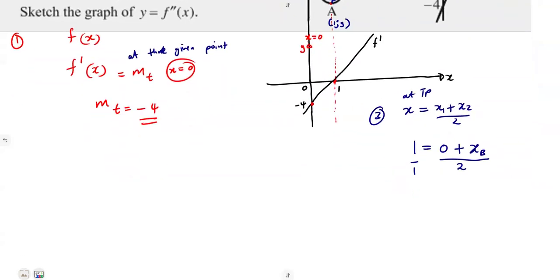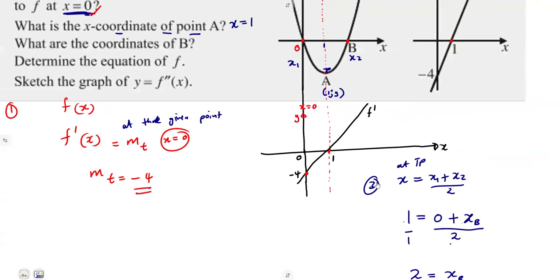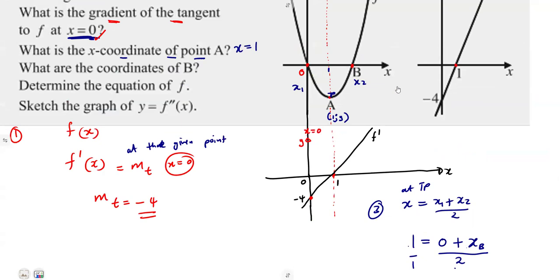In order for us to solve this, 2 times 1 is 2. So x at B, 0 plus x at B, means the value of x at B is 2. Remember, we are referring to the x-intercept. So that's (2, 0) as a point.